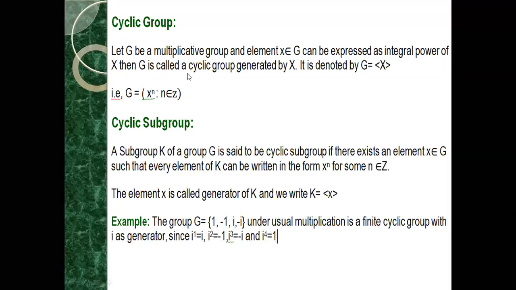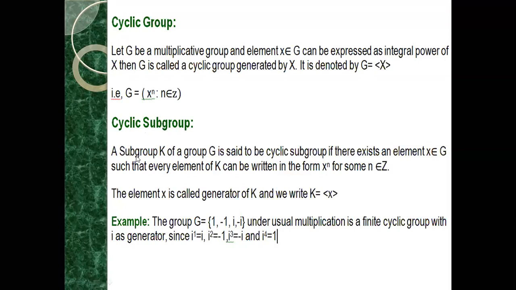Then G is called a cyclic group generated by x. It is denoted by G is equal to generator of x. That is, G is equal to x power n such that n belongs to Z. Okay. Next one, cyclic subgroup.